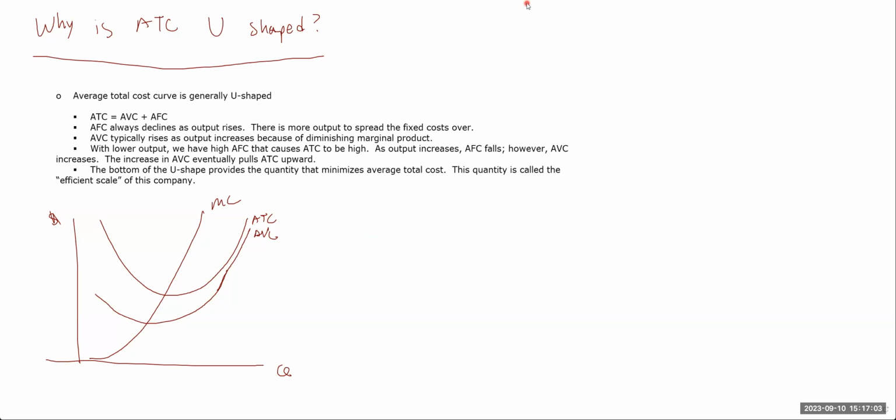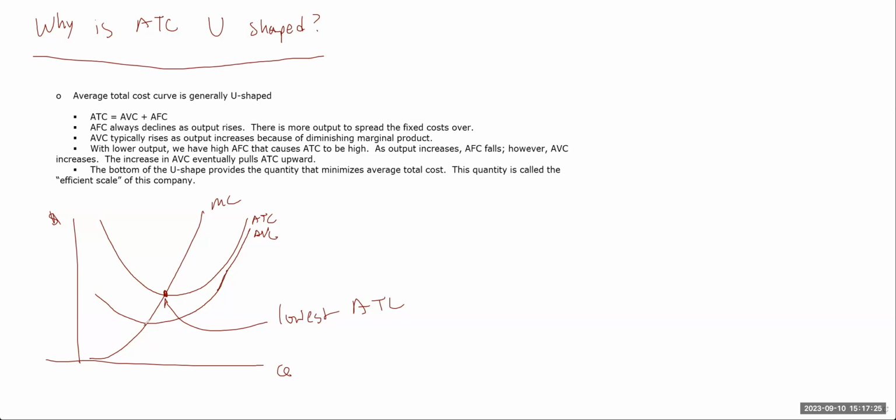The last thing I want to talk about here is right here, where marginal cost goes through the bottom of the average total cost. Right here, we have the lowest average total cost, or per unit cost.